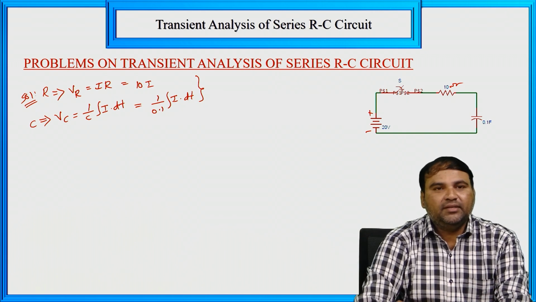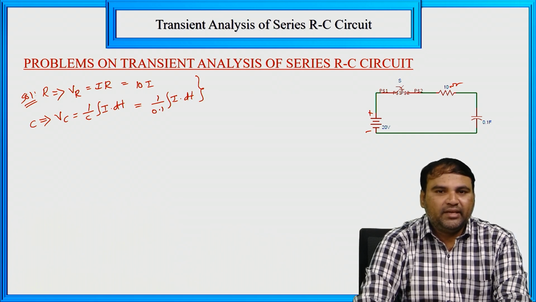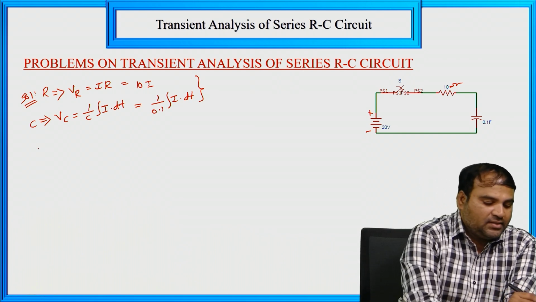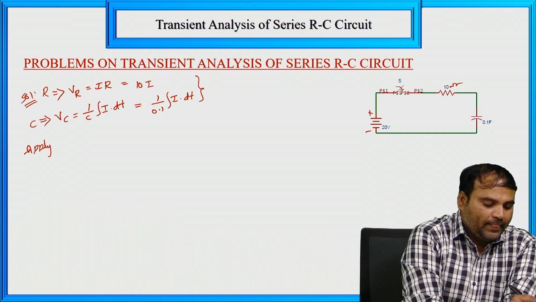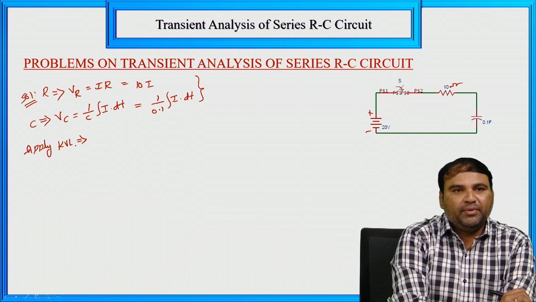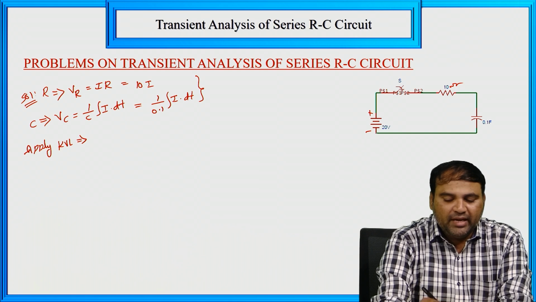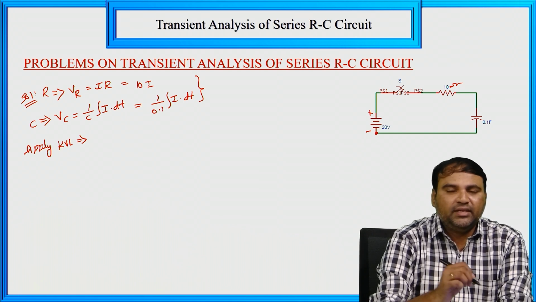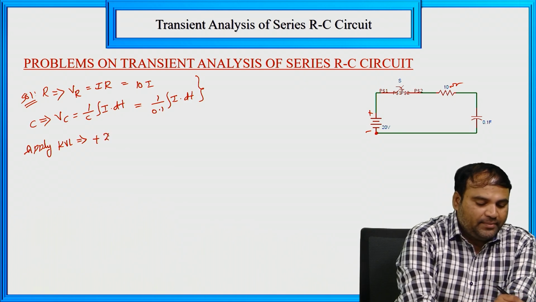For that, we need to apply the KVL in the given single loop. When we apply the KVL, we get the equation like this. I am starting from this point, and when starting from this point, we always take the second polarity, meaning plus 20.